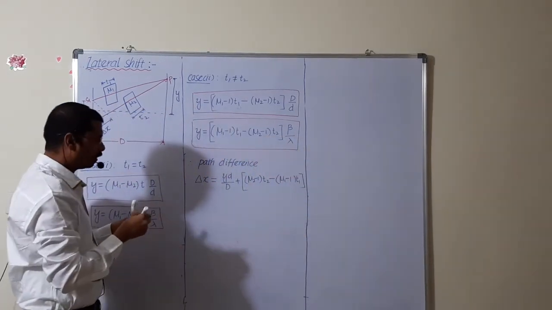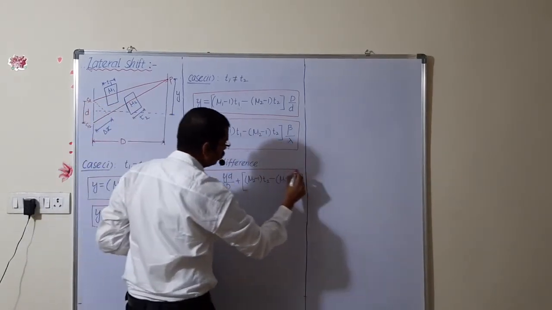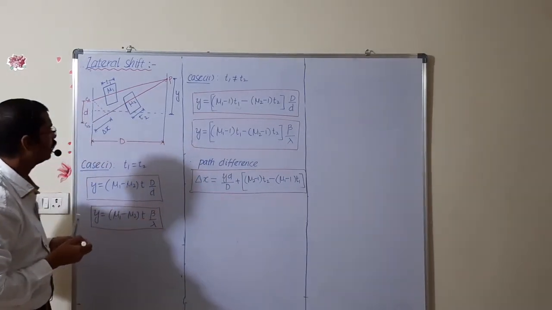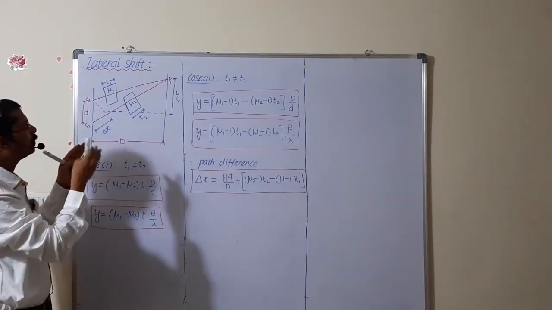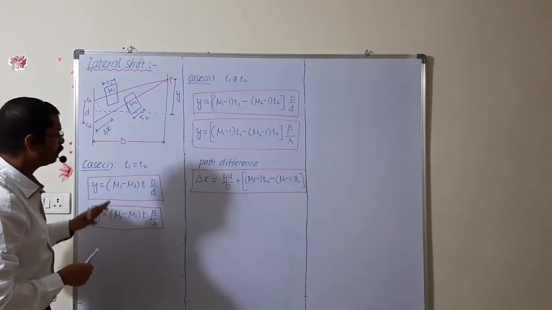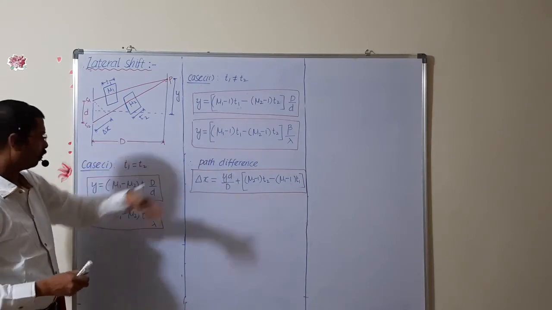This is the path difference of the lateral shift. Whenever two glass slabs are introduced between the two paths, we can find the path difference like that, and the phase difference or shift we can find out here also.